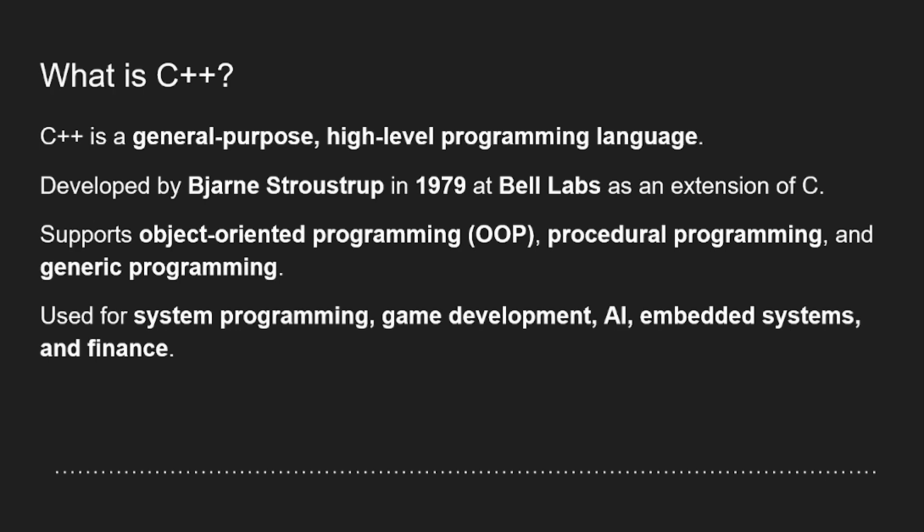Basically, C++ programming is used in different types of work like system programming, game development, AI, and embedded systems. It is used in game development because it is faster than other languages, like it is faster than Python.